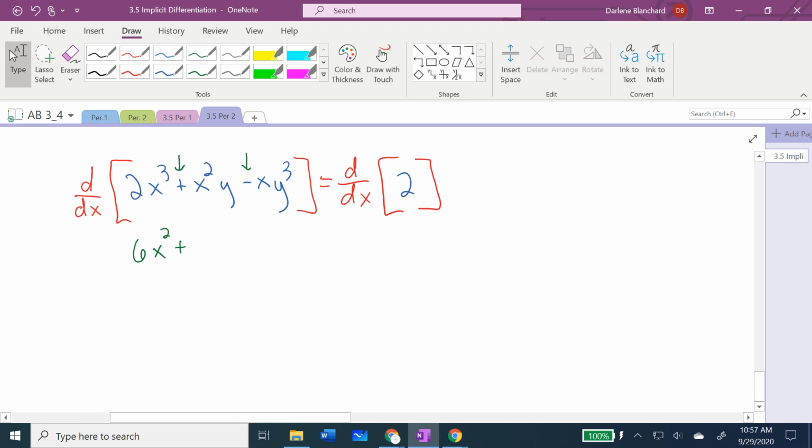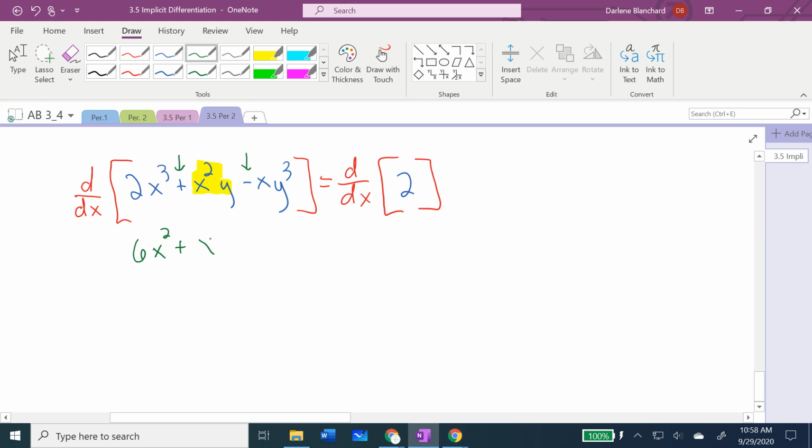Product rule. I'm going to make sure to keep this color-coded for you. So I'm going to highlight the derivative in yellow that comes from this piece once I get it out there.